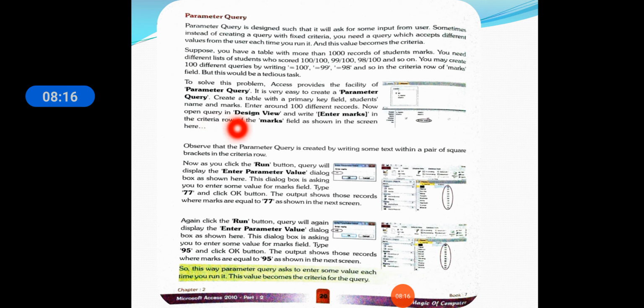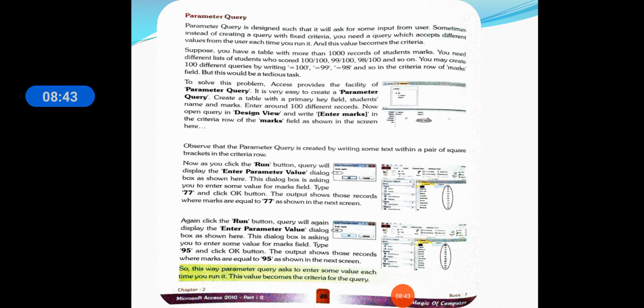Now open the query in design view and write Enter marks in the criteria row of the marks field as shown in the screen below. Here, the parameter query is designed such that it will ask for input from the user. So it will ask what you want, you write that in the box and your answer will be displayed.